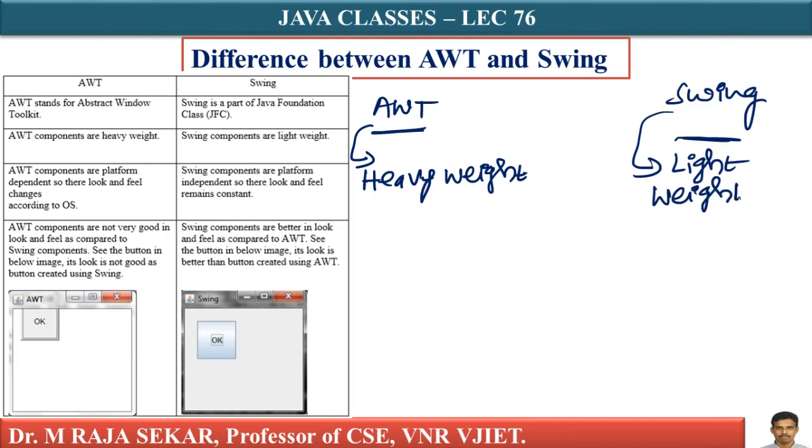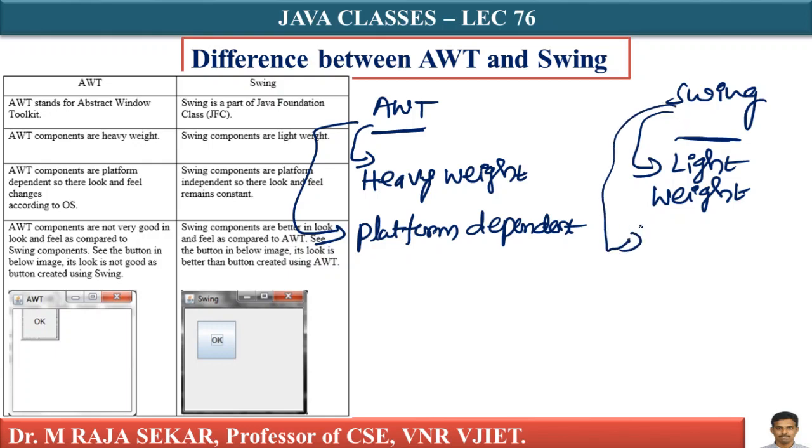An AWT component is platform dependent, whereas a Swing component is platform independent.